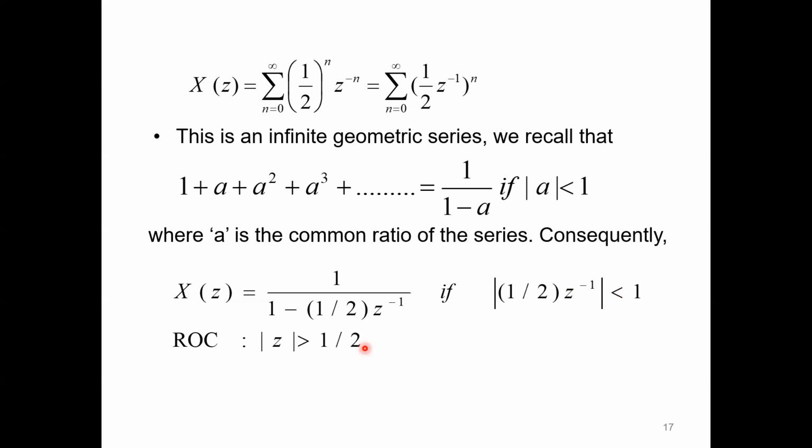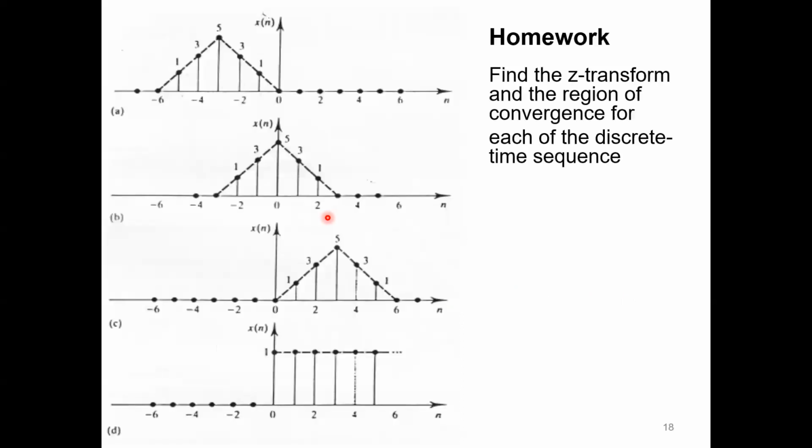Right. So we have figured out the Z transform of an exponential function, the Z transform of delta, and the Z transform of the sample unit sequence, the major functions. So there's another homework for you.